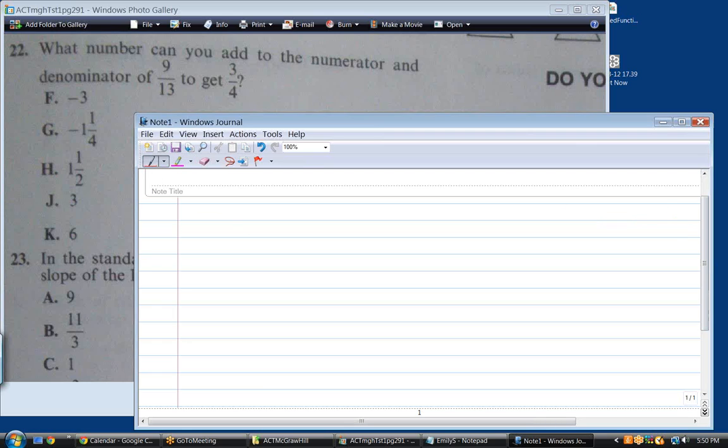Can you solve it algebraically? Can you give me the equation that I need to write such that we can solve for this mysterious number that I would add to both the numerator and the denominator that would make 9/13 equal to 3/4? All right. 1/3 to get 9 to 3.